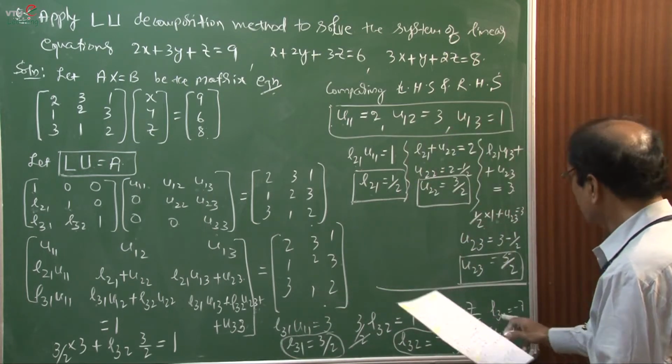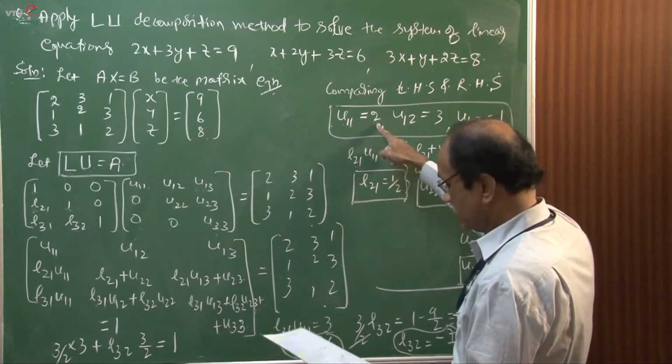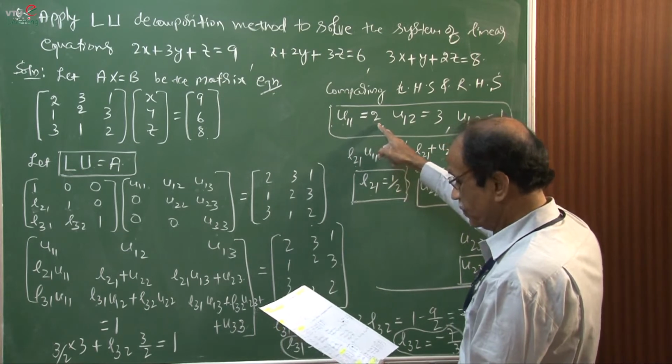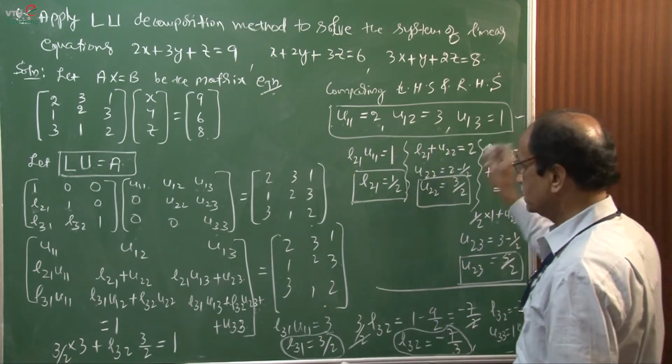Then U23 is 5 by 2, this is right. U11 is 2, U12 is 3, U13 is 1, this is right.